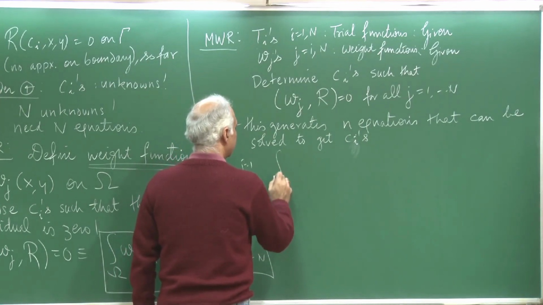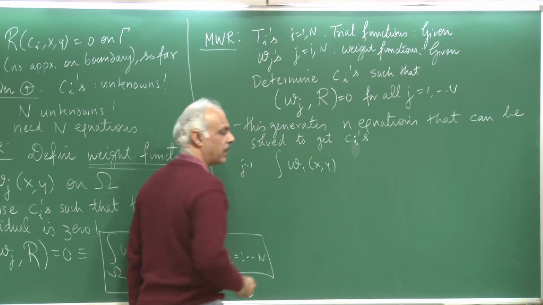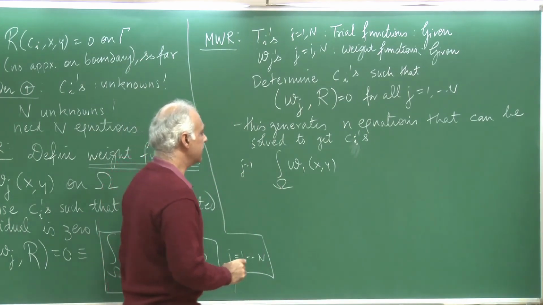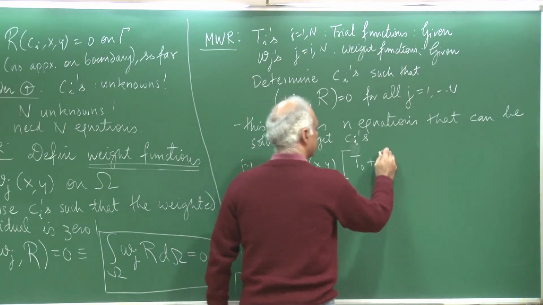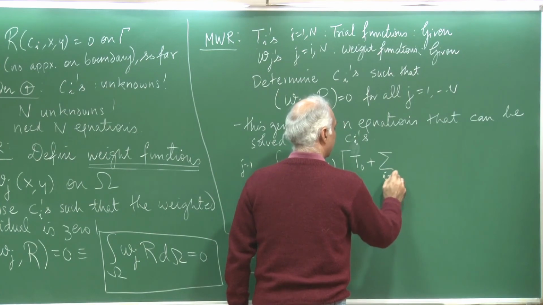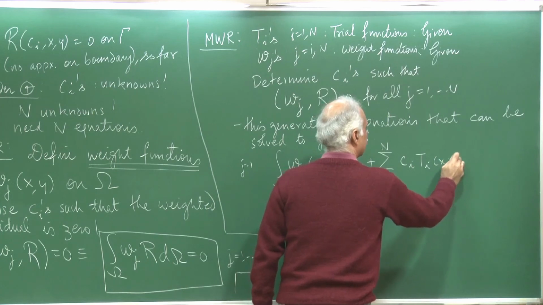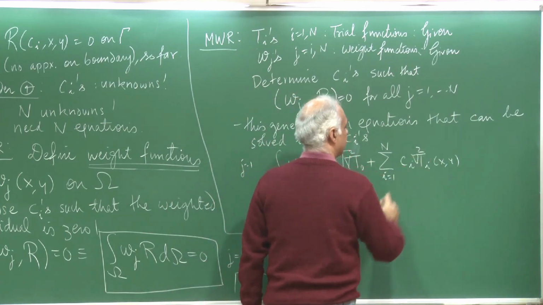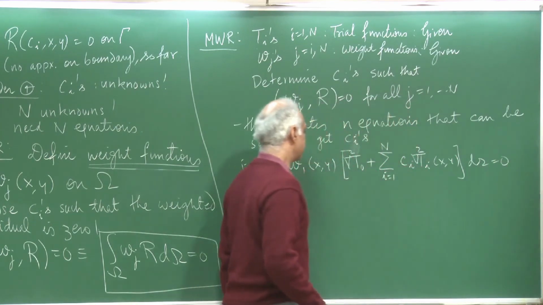So I would get the integral over domain omega of W1, which is of course a function of x, y, times the residual, which is given as T0 plus summation i goes from 1 to n of Ci Ti(x, y), and mind you, we have to do the Laplacian. So let me do the Laplacian. This times d omega is 0.